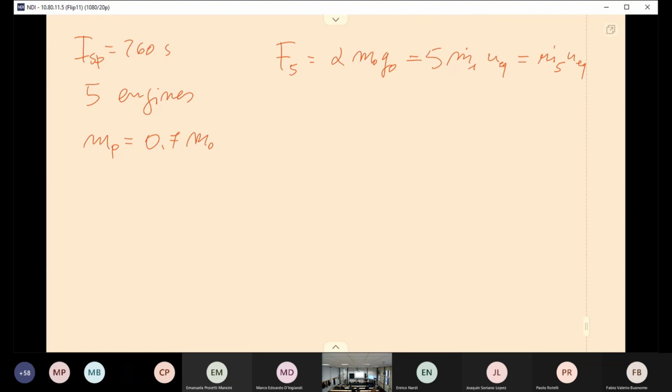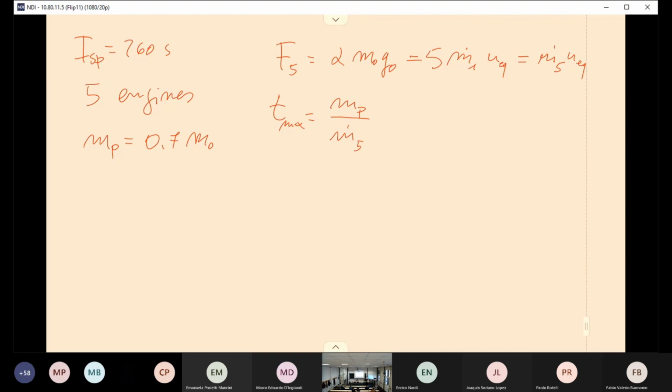With this, we can evaluate our maximum time, which is equal to the ratio between the propellant mass and the propellant mass flow rate. And this would be this 5 here, the whole amount of mass flow rate we are exhausting.